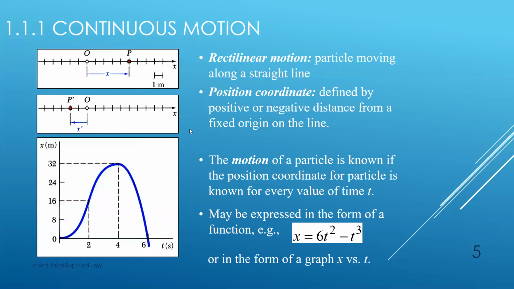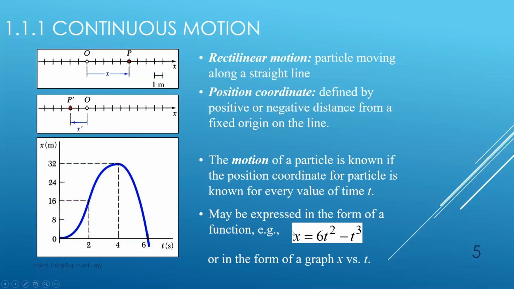The motion of a particle is known if the position coordinate of the particle is known for every value of t. It may be expressed in the form of a function.